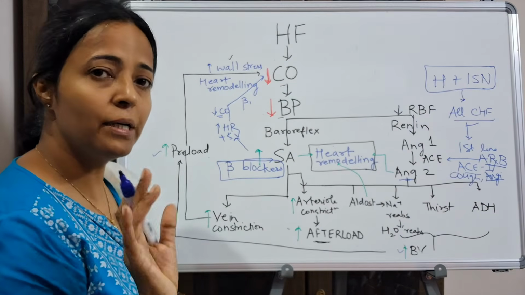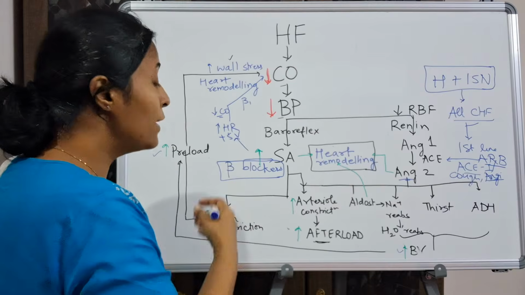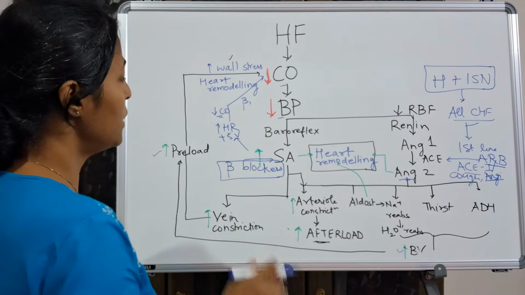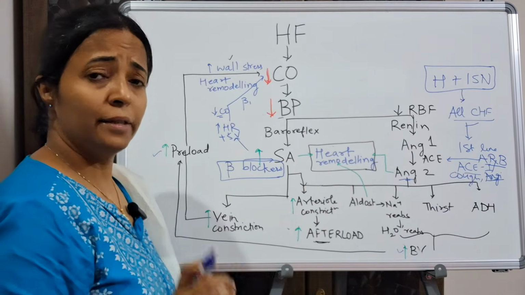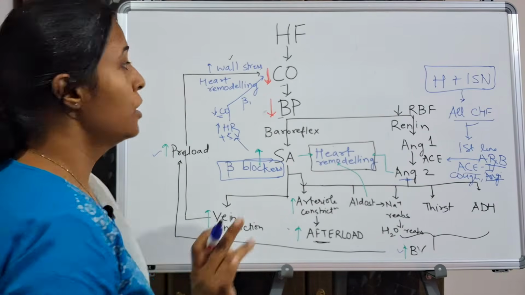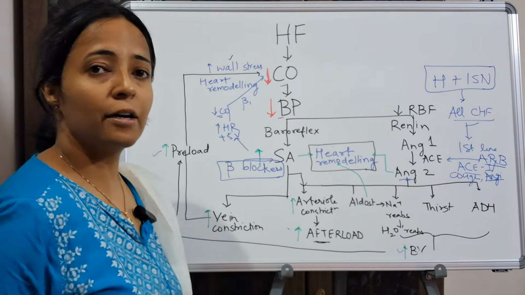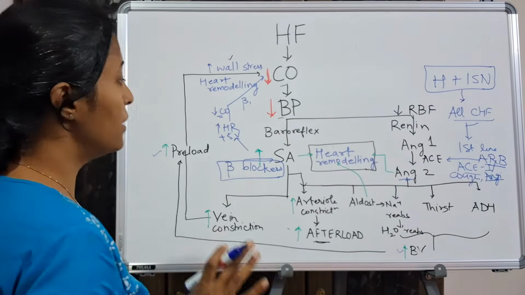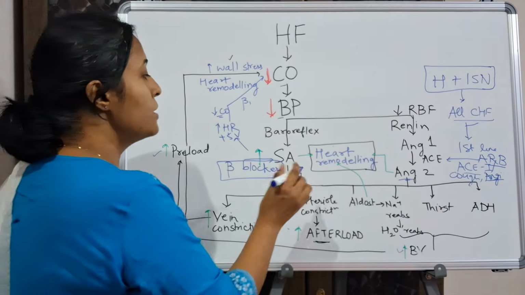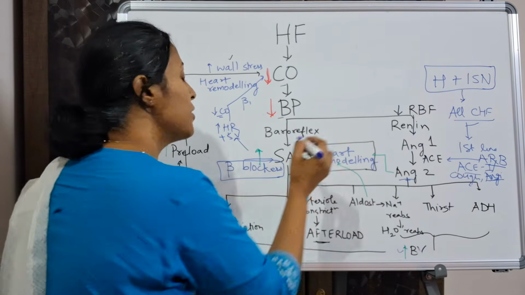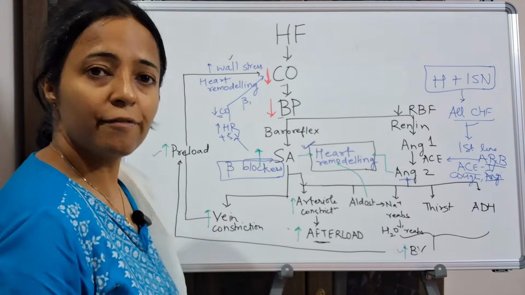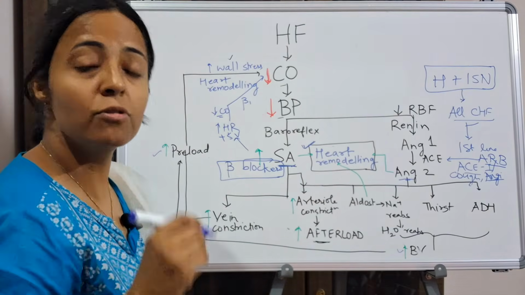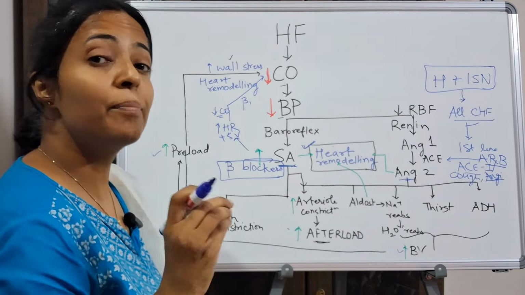For some time there will be a decrease in the cardiac output, but over time when you continue beta blockers, this is going to recover. So you should remember, the starting dose should be careful so that this fall in the cardiac output does not become harmful. But this beta blocker is used here because it interferes with heart remodeling. So the long-term effects of increased sympathetic activity, which are damaging to the heart because of heart remodeling, are prevented.